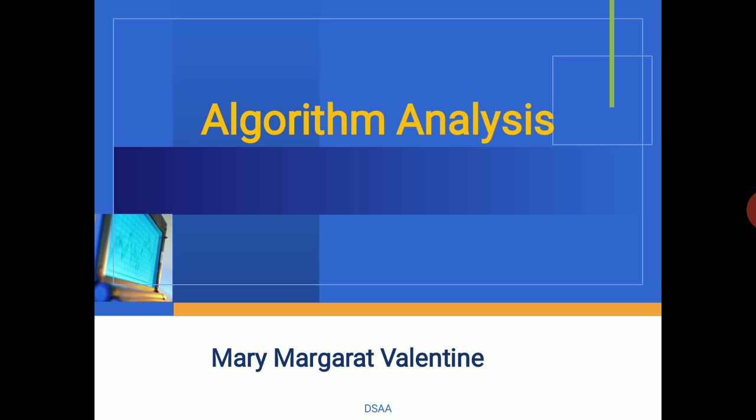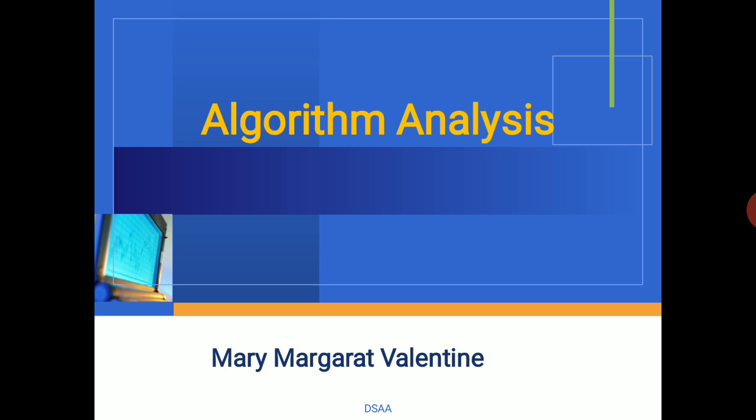So today we will see what algorithm analysis is. We all know that we need to write algorithms before implementing any code. If we are writing an algorithm, which one is best, which one gives you the optimal result?